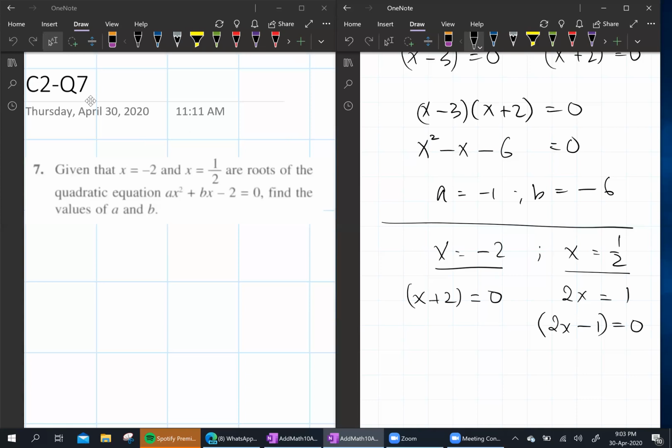So if I meet a fraction, then I must times it up. Okay, then count again. What's the value of a and b?